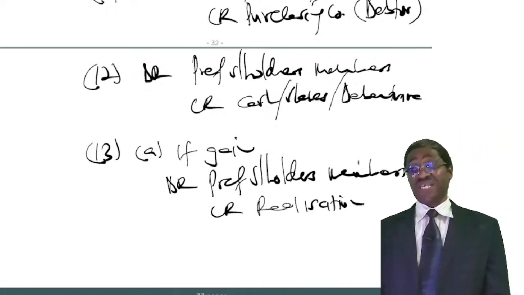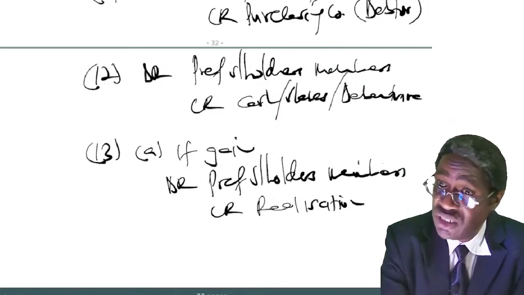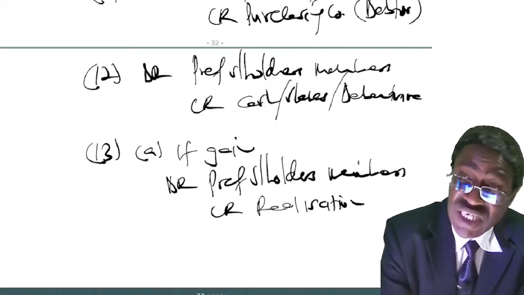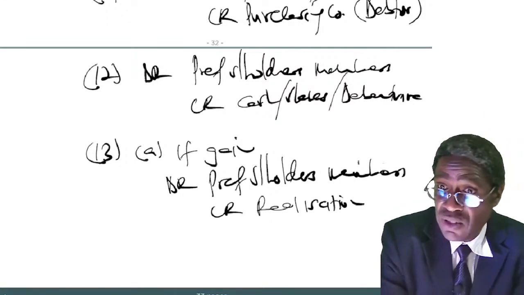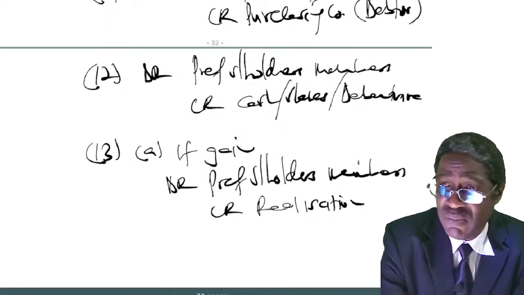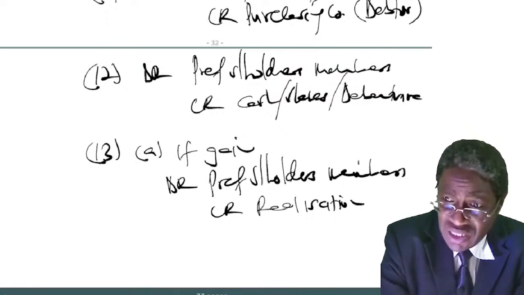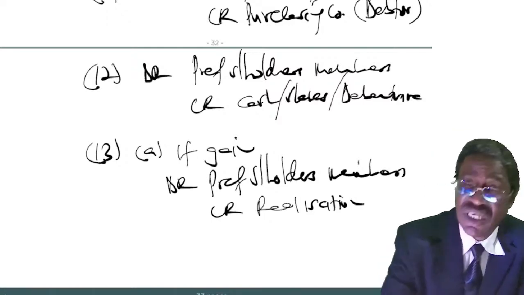We paid them less. We owed them, you remember, 20. They are accepting 18. That means we had a gain of 2. I'm debiting the members because I've paid them the balance on the debit. Debiting the members, crediting realization. That's if it's a gain.